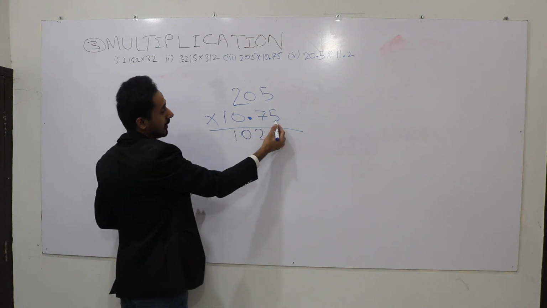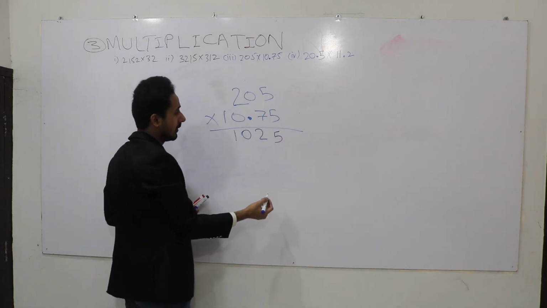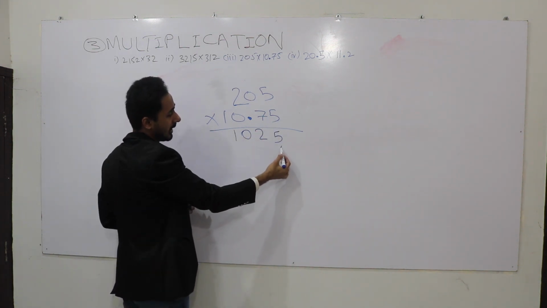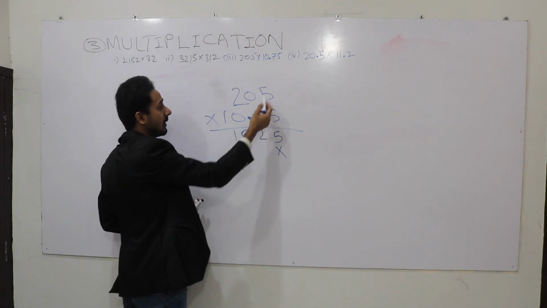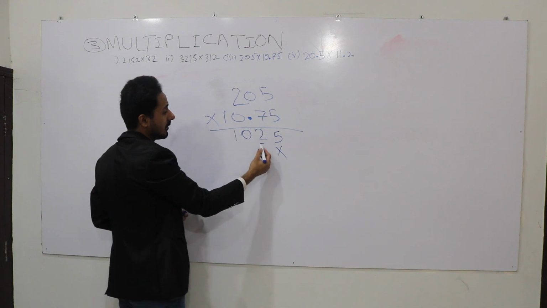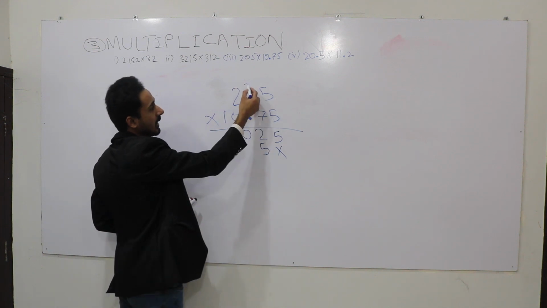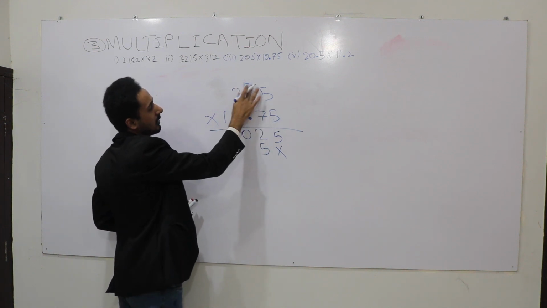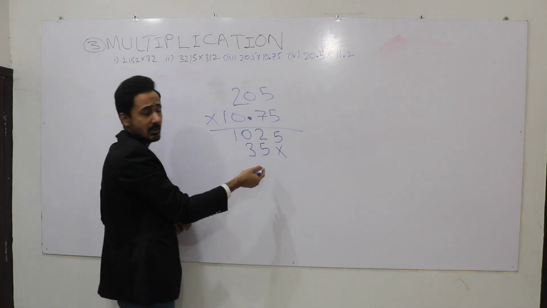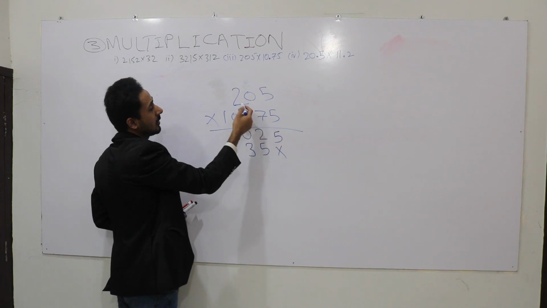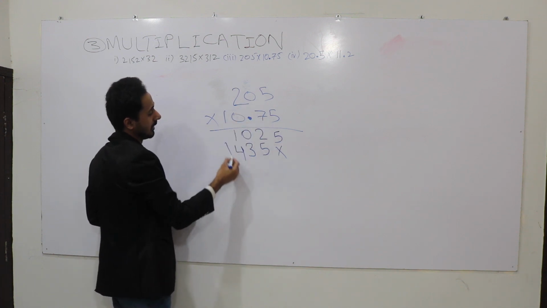Now we are done with 5, so we will write a cross sign here. Then we will start with 7. 7 5s are 35. 5 will be here and 3 will be carried over. There is 0, so we don't need to carry over 3. We will write it here. 7 2s are 14. This is 14.